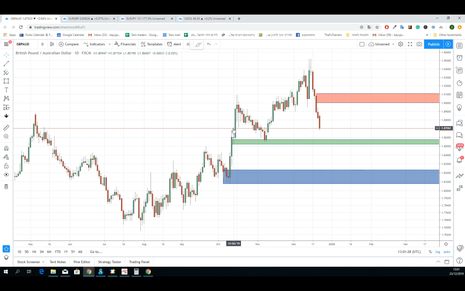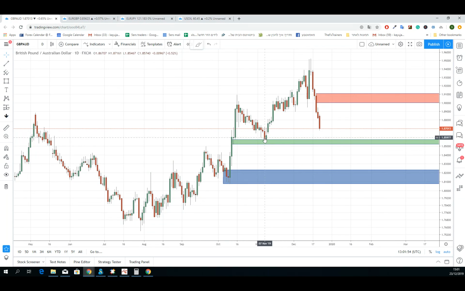We can see that the price is about to perform a head and shoulders pattern. It's still not completed, of course, but it seems like an opportunity for a head and shoulders pattern since the price already created the left shoulder, as you can see here when I point with my mouse.